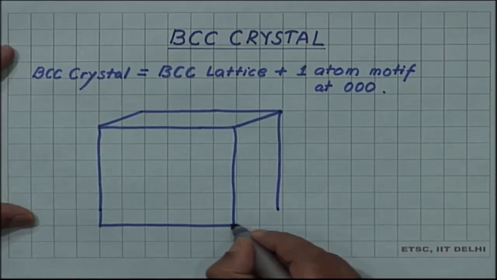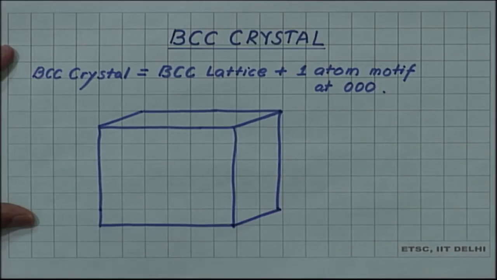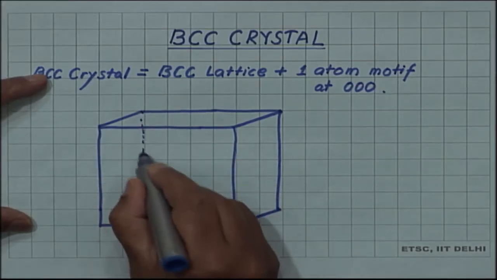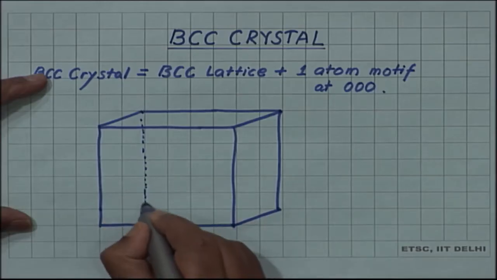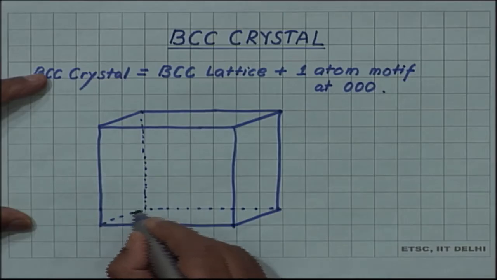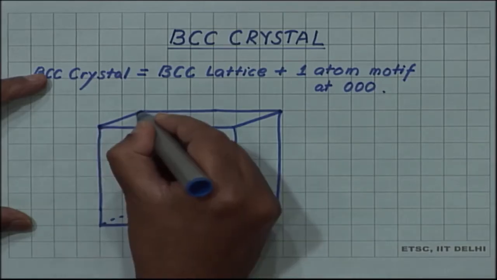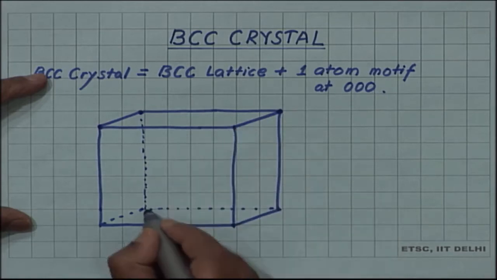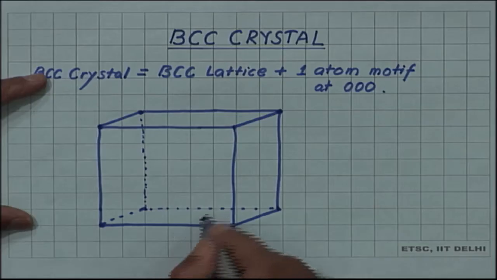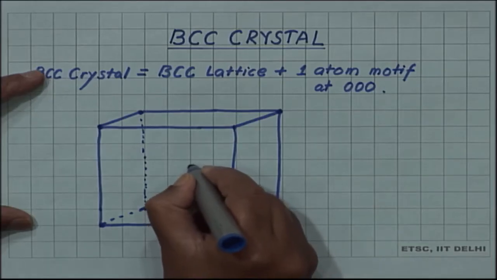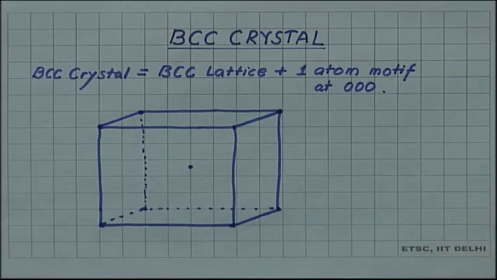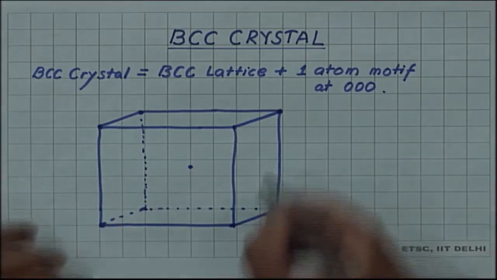So, this is the cubic unit cell of the BCC lattice and the lattice points are, since we are calling it body centered cubic, obviously at corners. So, each corner is a lattice point, as well as there is a lattice point exactly at the center of the cube.